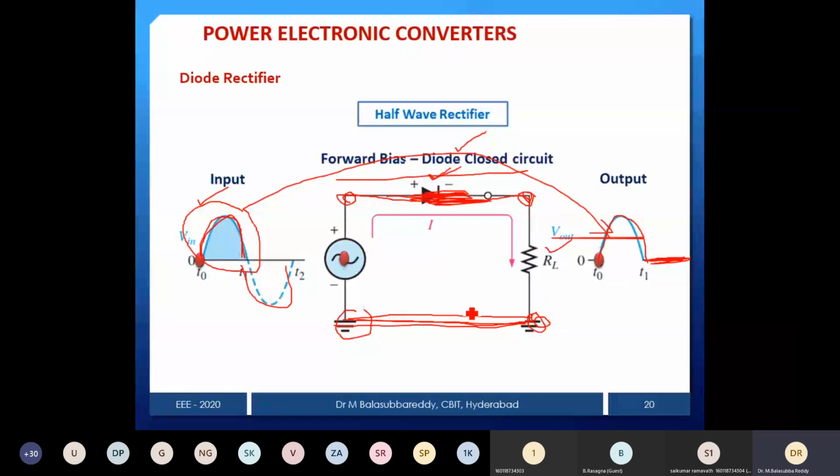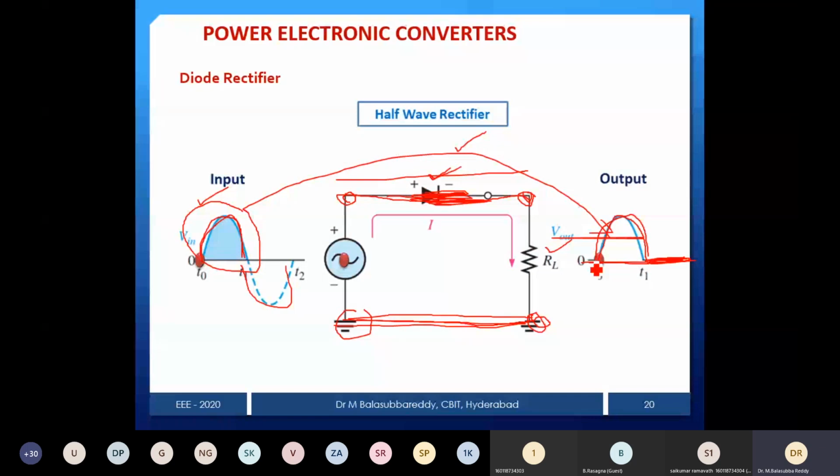Now if you observe, automatically you can see that your output is a DC but fixed. How can you say that it is a DC? You just integrate it. Take one full cycle, 1 by 2 pi, integral from 0 to pi of Vm sin omega t, plus 0. That will become the average output voltage of a diode rectifier. In that expression, no control parameter is available.